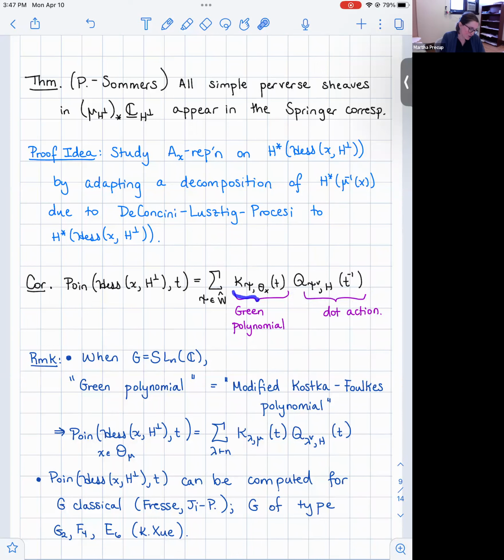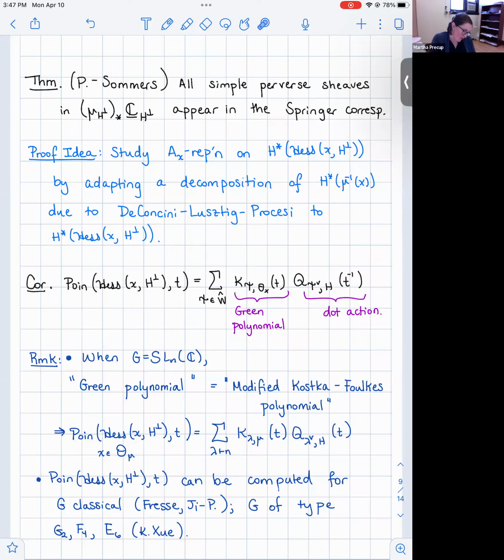And now you just have a translation, because you're working with the Springer correspondence. There's a translation polynomial that also appears here called a Green polynomial. And there's a T inverse, just to point out, there are some dimension shifts that show up, because when we apply the Fourier transform, there are some shifts we have to make to force things to be perverse in the right way.